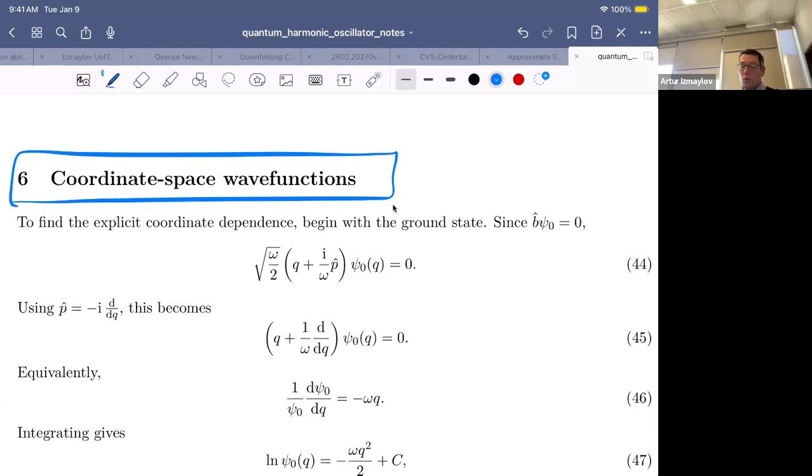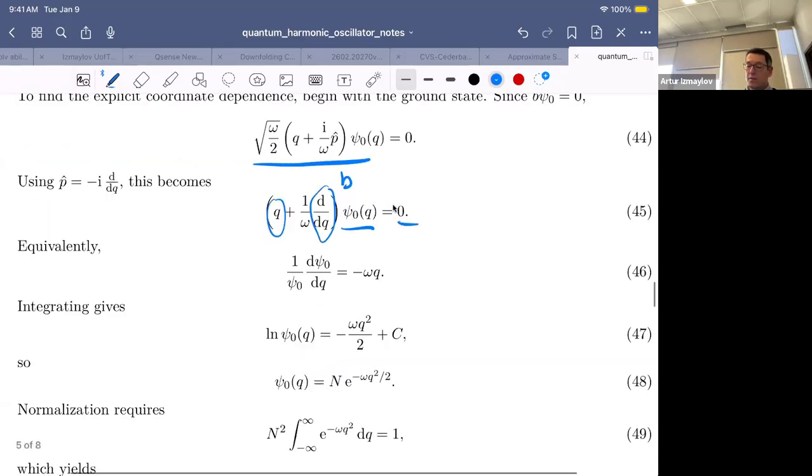This is the B operator in the coordinate representation. It has only a first derivative, and the first derivative and coordinate applied to the function gives you 0.